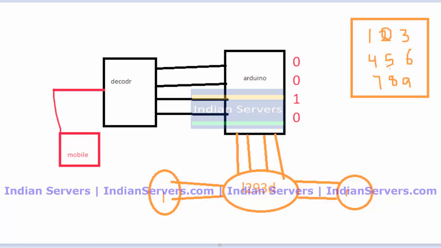So for 2 I will get 0010. For 8 the output of the decoder will be 1000. If you convert this 1000 binary to decimal, you will get 8. Similarly, if I press 4, the decoder will output 0100.